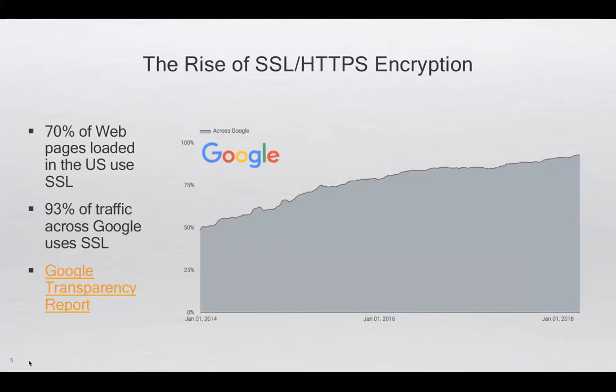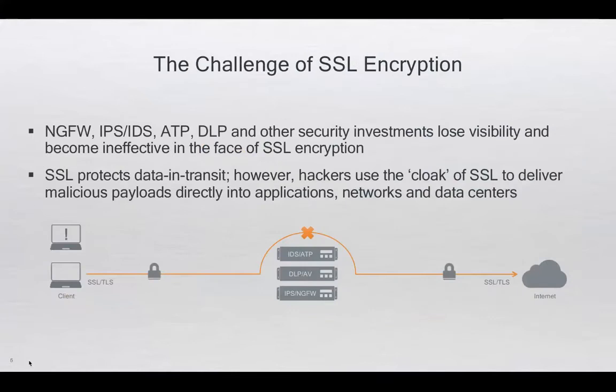Okay. The first one has two different challenges depending on which direction you go, right? The first challenge is what I was just describing earlier, which is that if you take security solutions, whether it's a next-gen firewall, IPS, IDS, advanced threat protection, data loss prevention, any kind of security investments, all these things begin to lose visibility and become ineffective in the face of that SSL encryption.